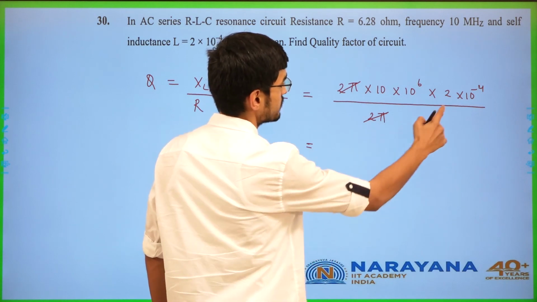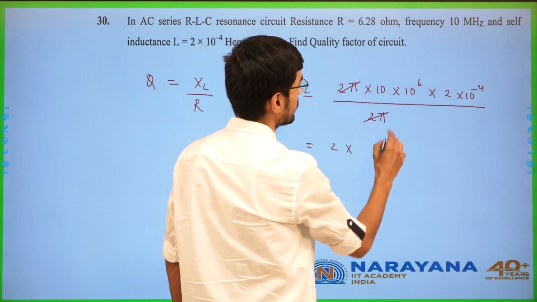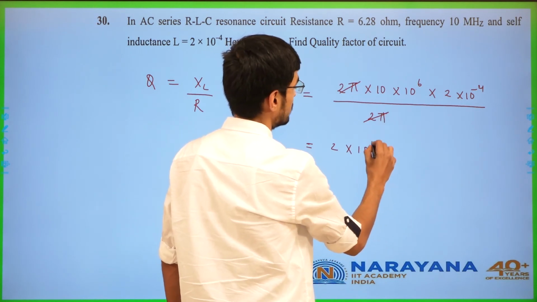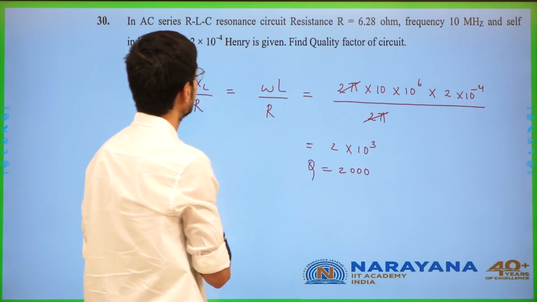This comes out to be 2 into 10 to the power 3, that is 2000. The quality factor of this circuit will be 2000.